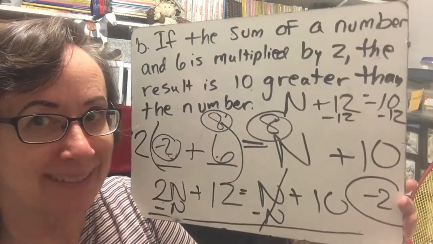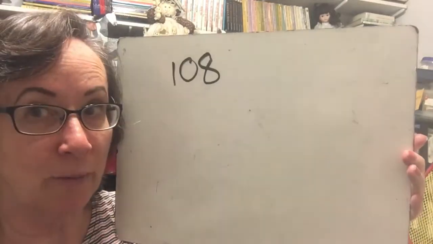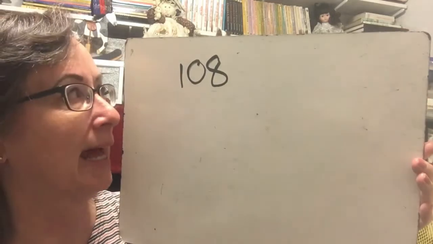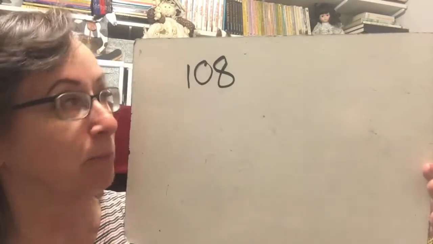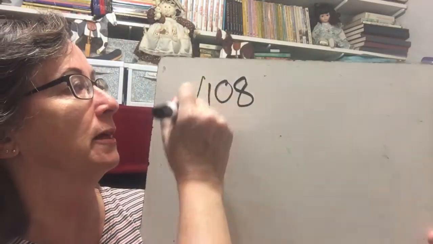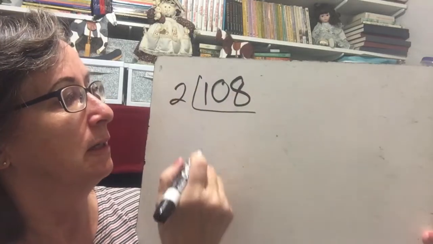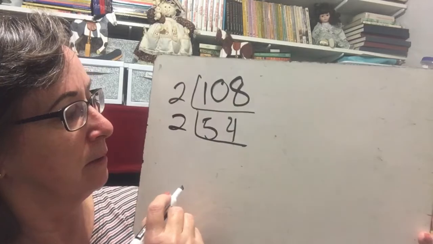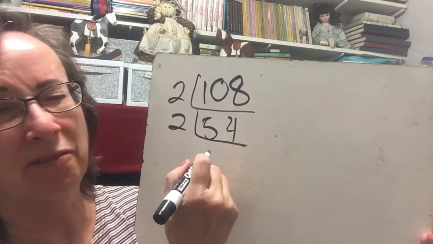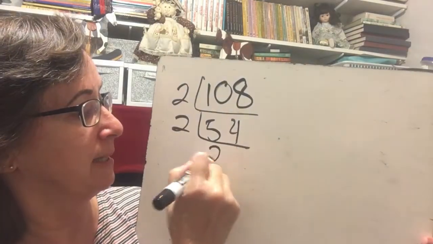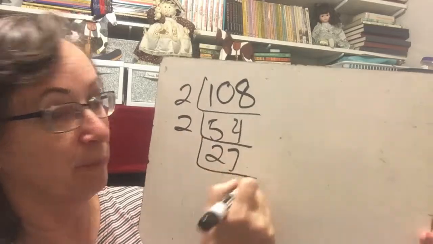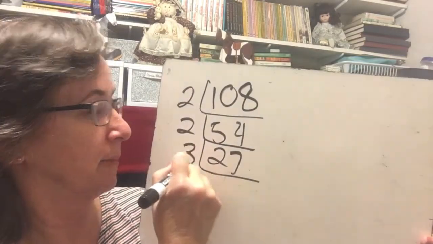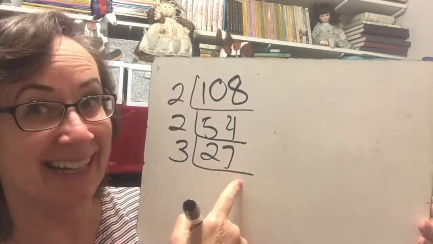Okay, so we're going to write 108 as prime factors. So we're going to say divide by 2. We get 54. Divide by 2. And we get 27. Divide by 3, because 2 doesn't go in, but 3 does, doesn't it?